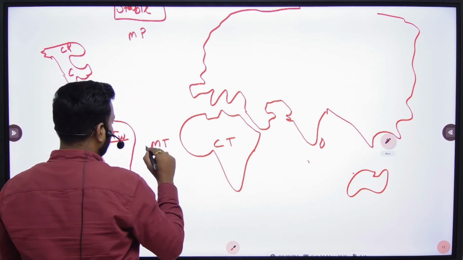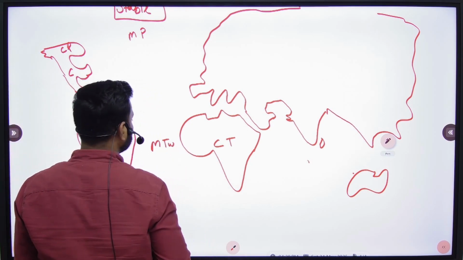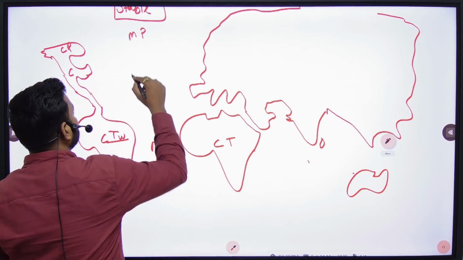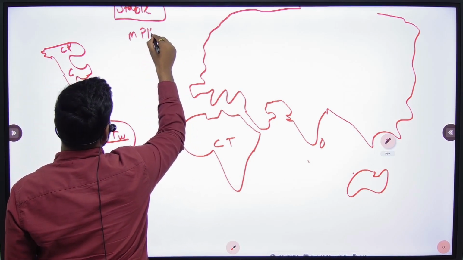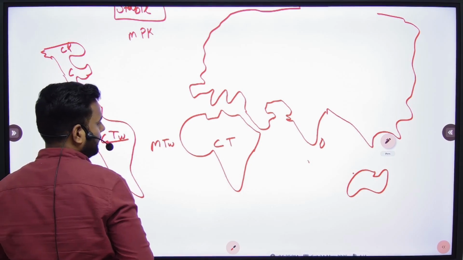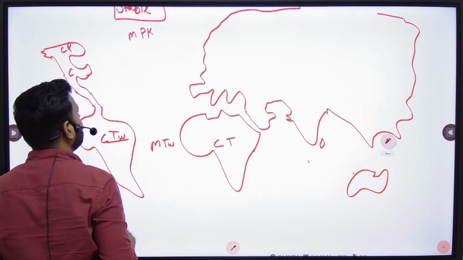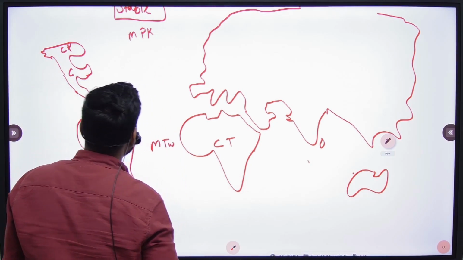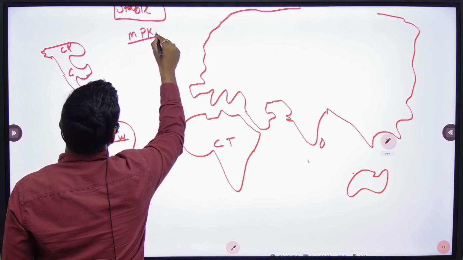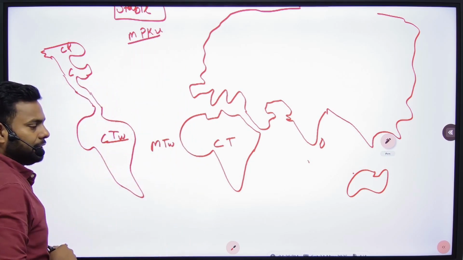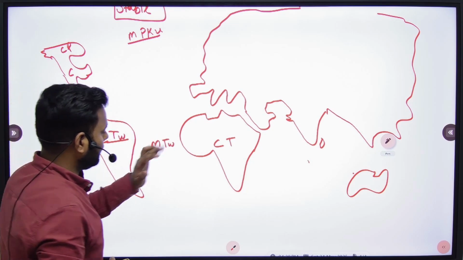Maritime tropical air mass is warmer, you should use this indicator. Suppose that the maritime polar air mass is cooler, you can use this type of indicator. If this air mass is stable, you can use these kinds of indicators. So this is the kind of indicator you have to use.